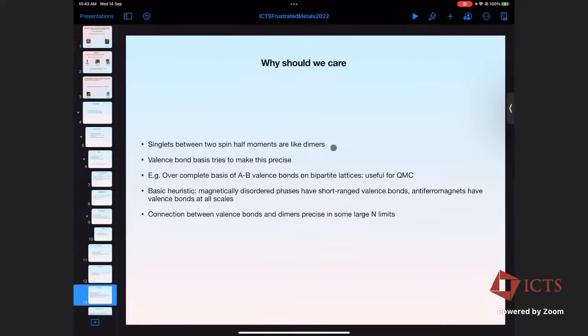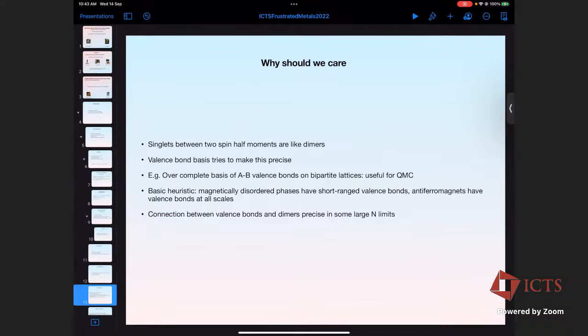And actually, this idea finds expression in computational methods as well, right? We use the valence bond basis which kind of makes this more precise. So, for example, there are some very efficient quantum Monte Carlo methods that work in the overcomplete basis of A-B valence bonds on bipartite lattices. So the idea here is that your lattice has a natural bipartition into A and B sites, and A sites only have B neighbors and B sites only have A neighbors.